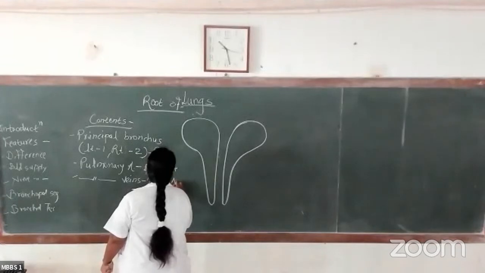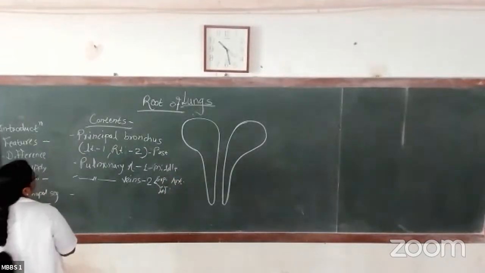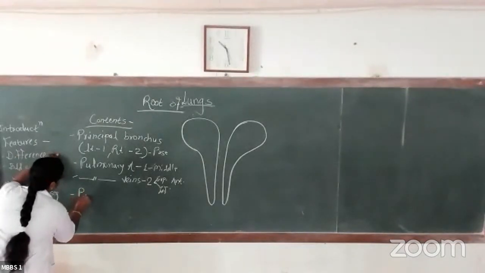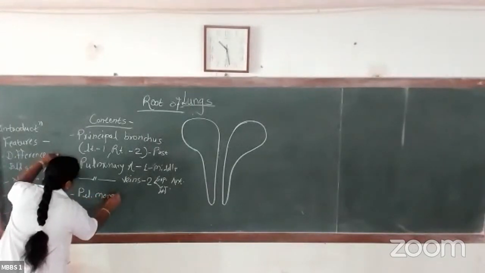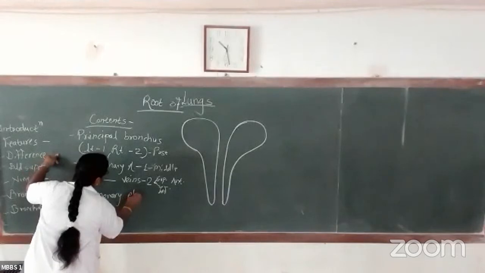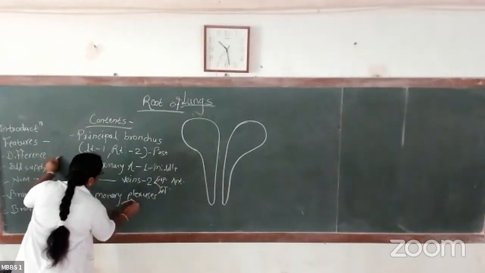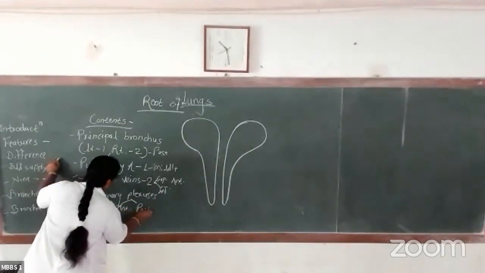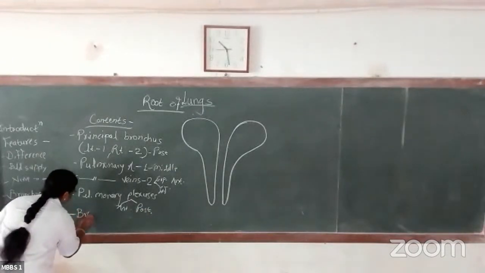They are present in the anterior part of this root. Then pulmonary plexuses, plexuses of nerves. There are two plexuses again, anterior and posterior pulmonary plexus. Then bronchopulmonary lymph nodes.